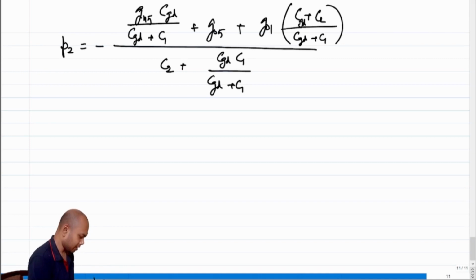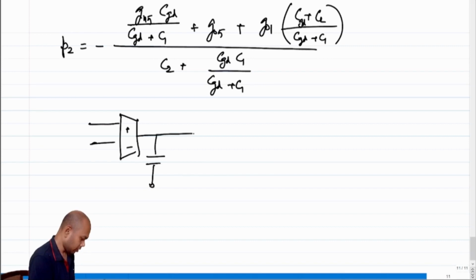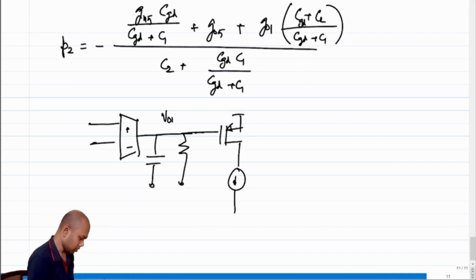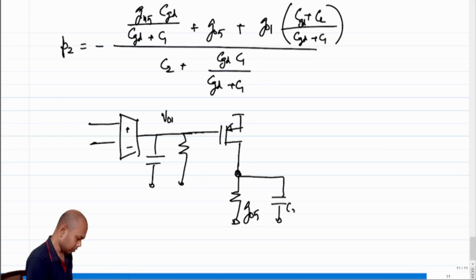Given the fact that we were focusing on the pole associated with V01, here we have G05 and C2.